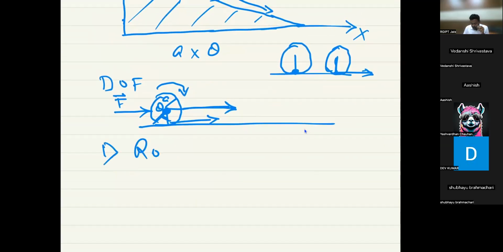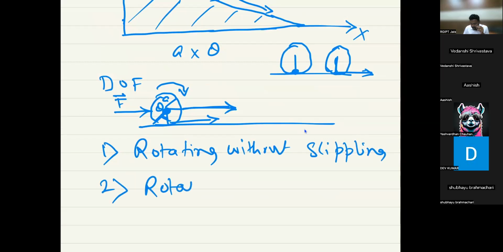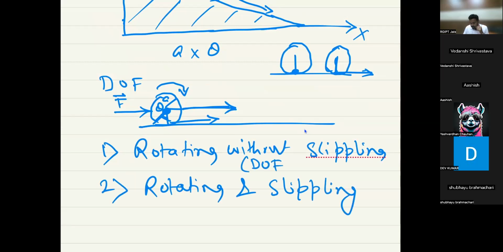One is rotating without slipping, and the second is rotating and slipping. In the first case, you have 1 degree of freedom, because the angle and the distance are related. But in the second case, the angle and the distance are not related. That's why you have 2 degrees of freedom.